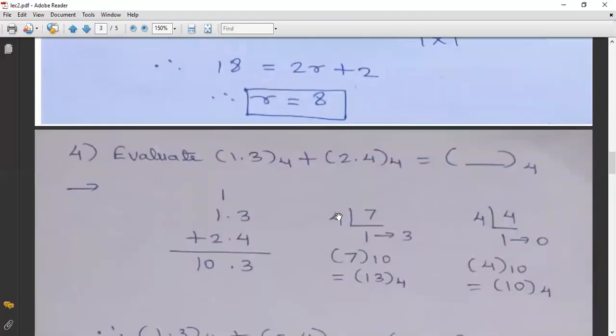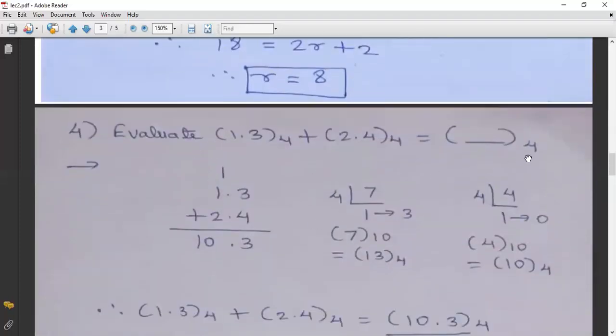So in the next example, we have to evaluate this equation. So let us read this. The system is 1.3 to the base 4 plus 2.4 to the base 4 equal to dash to the base 4. Now how are we going to proceed? First of all, let us write this in the addition form.